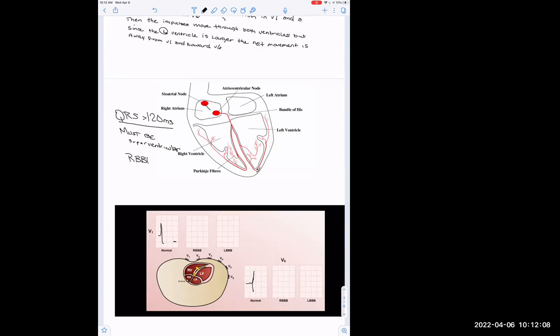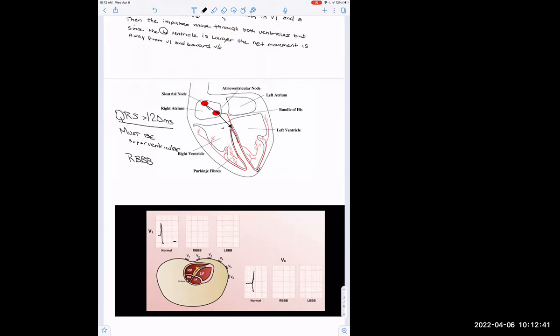In a right bundle branch block, so we have our impulse again that comes down from the SA node, stops at the AV node for a predetermined period of time, gets our PR interval, and we have that AV node stop us, and then we go down to the bundle of His and propagate likewise, okay?